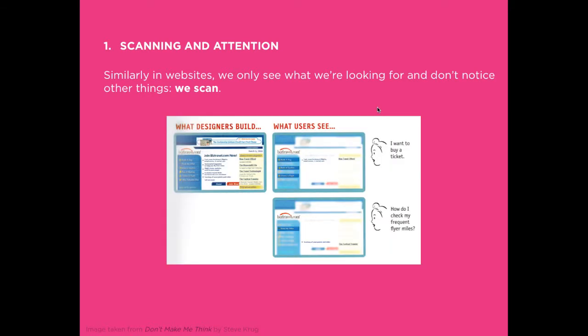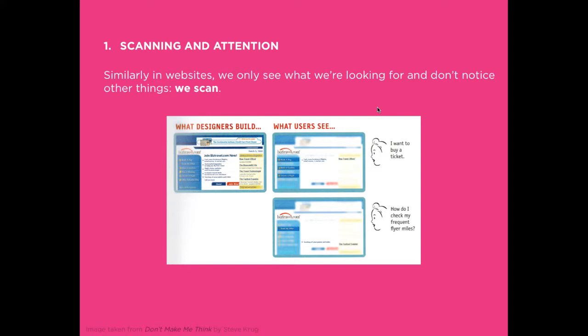This example will demonstrate what we just said. On the left side is what a designer has built, a website where you purchase tickets to travel. The designer has spent time designing, styling, building rows and columns, blues and reds and buttons and headers, logos, and so forth. And on the right side is what the user sees.